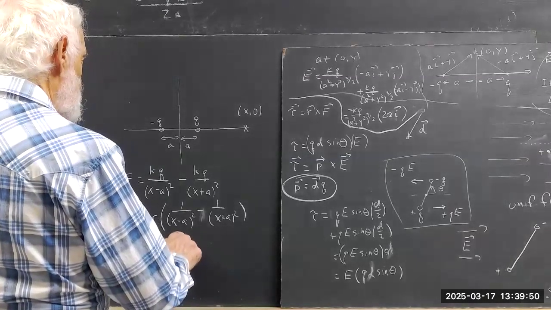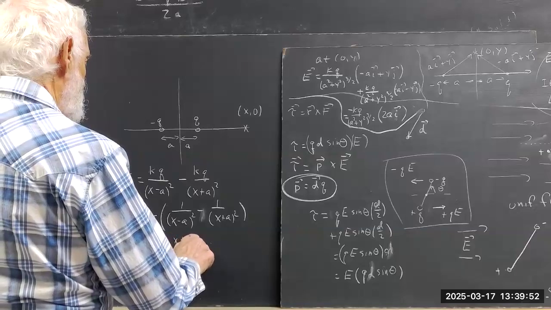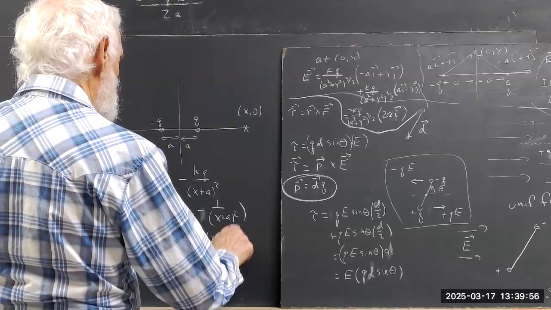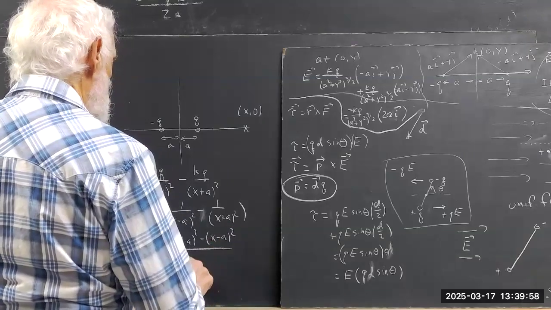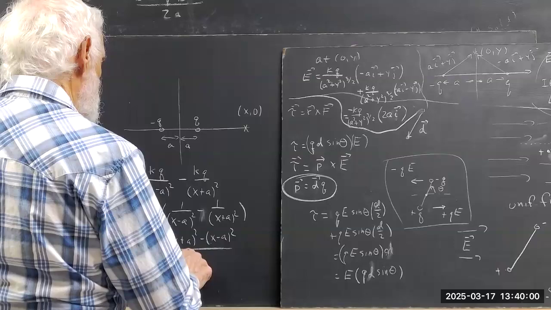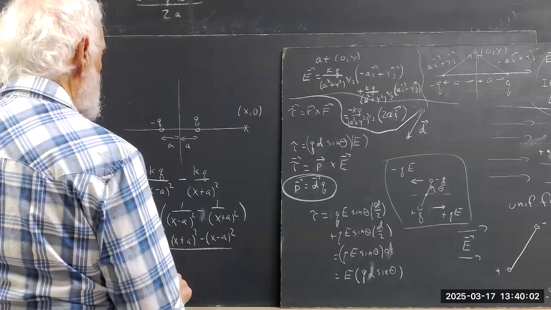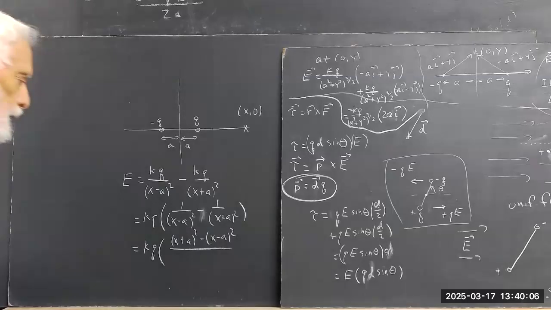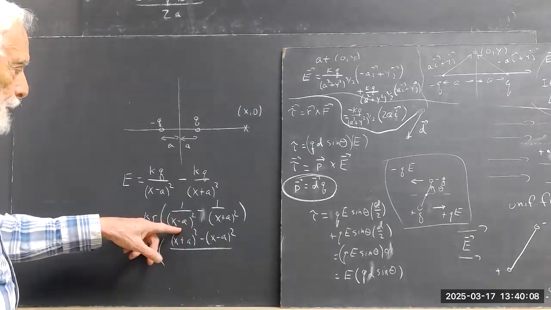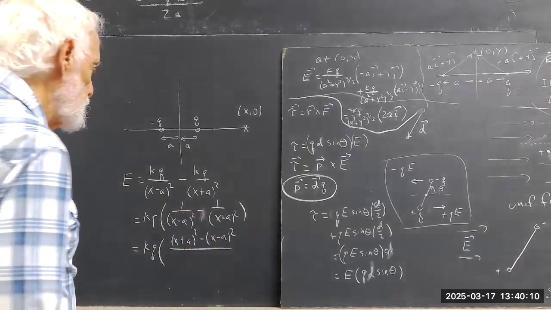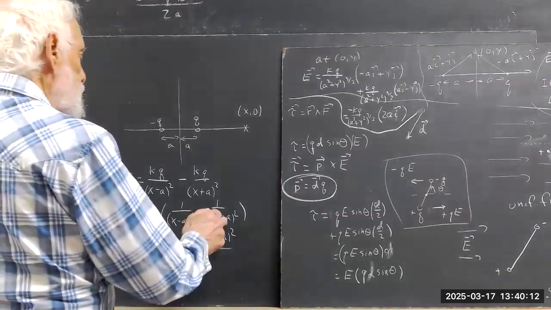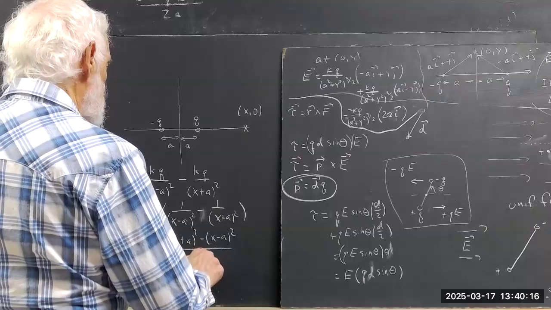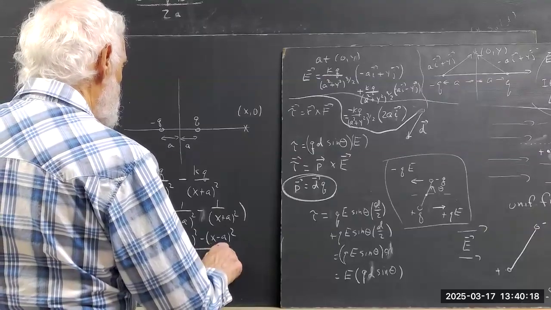The common denominator is going to be x minus a squared times x plus a squared. X minus a times x plus a is x squared minus a squared. So this is like x squared minus a squared, squared.